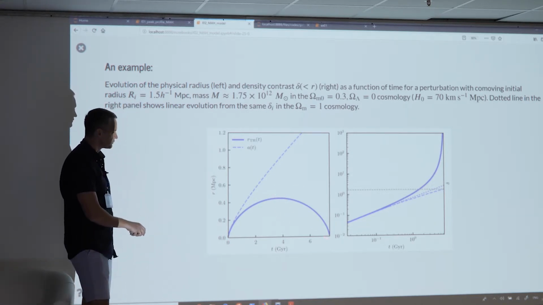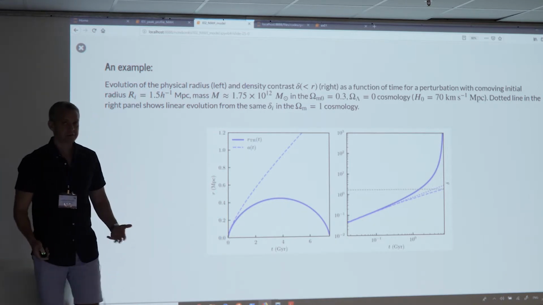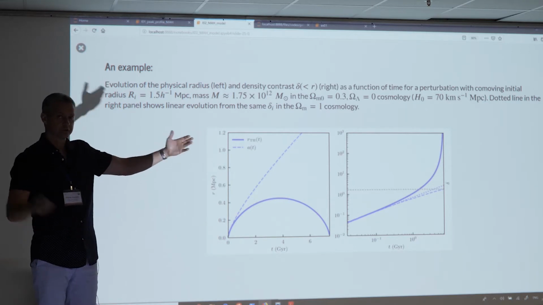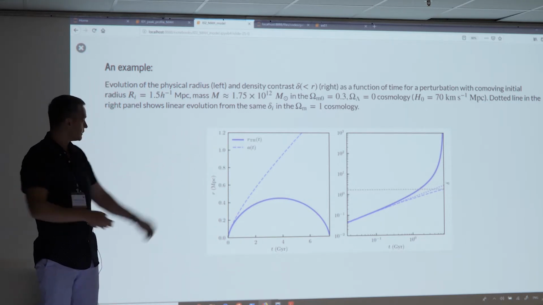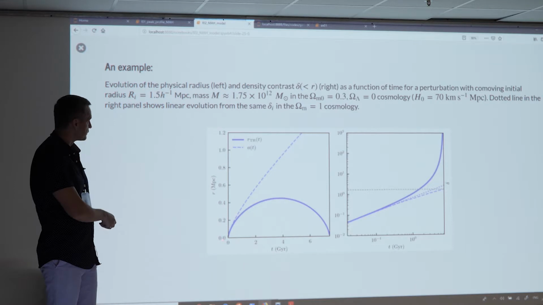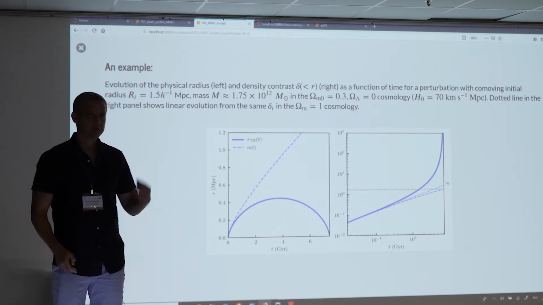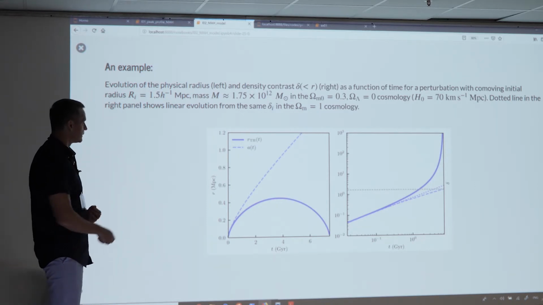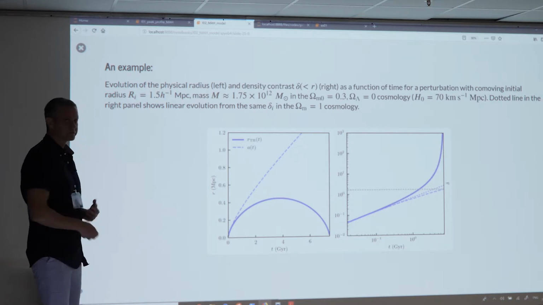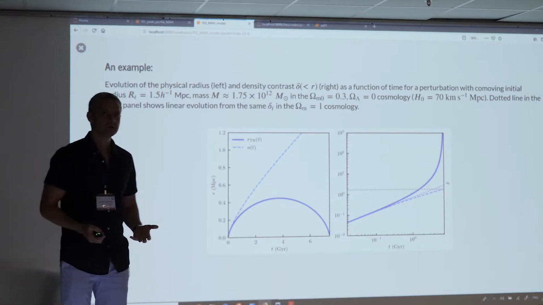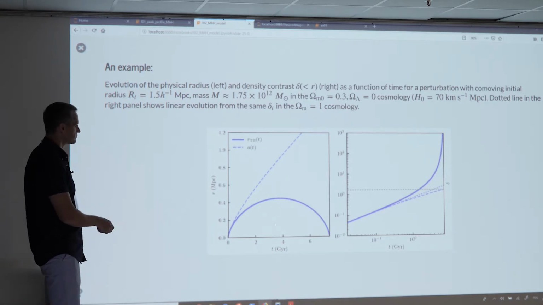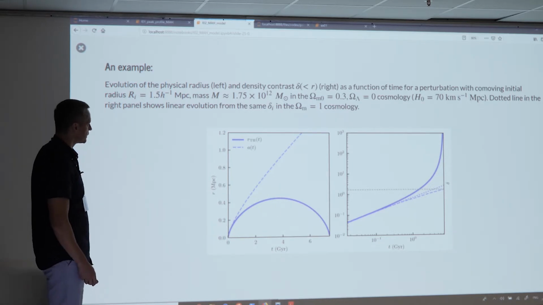From the maximum to the collapse, the time it takes for that perturbation to collapse is given by the free fall time, because we're just dealing with a free falling sphere from here to here. Because the curve is symmetric, the entire evolution is given by 2 times the free fall time of the sphere from the peak, right? So we know the time of collapse just from this basic consideration, that it will be 2 free fall times if we use the density at the maximum to compute the free fall time.